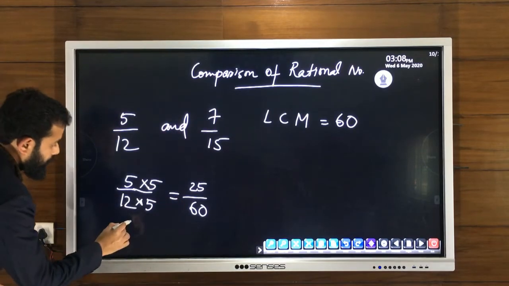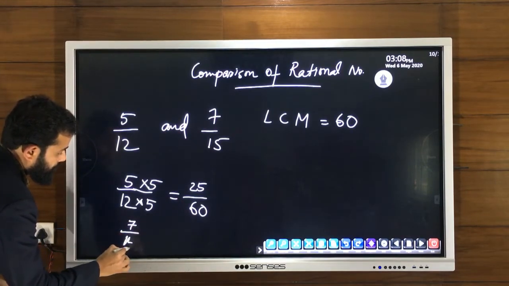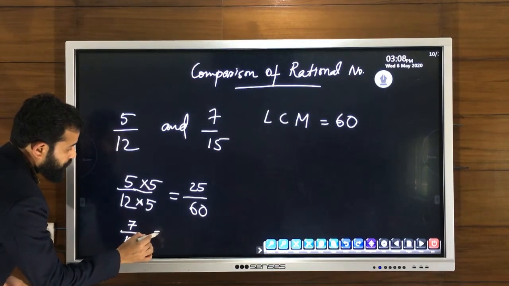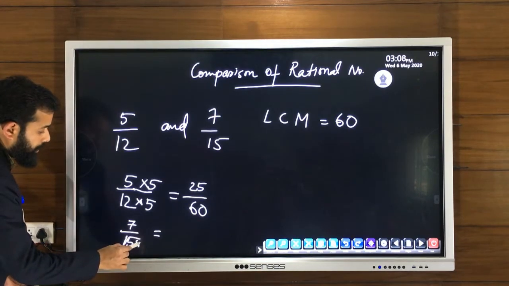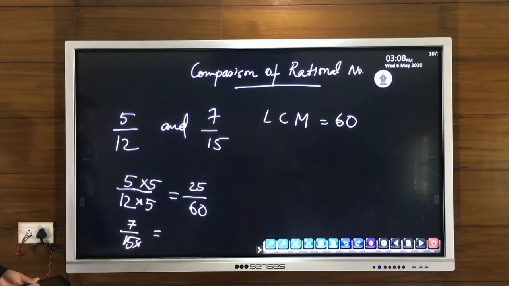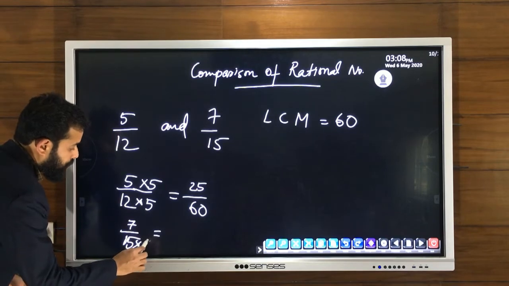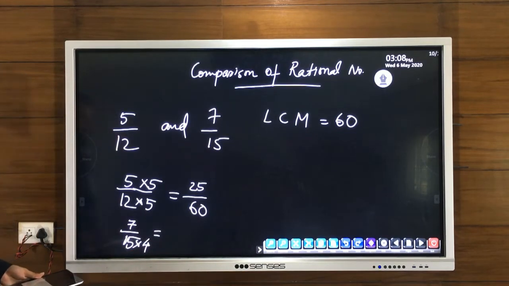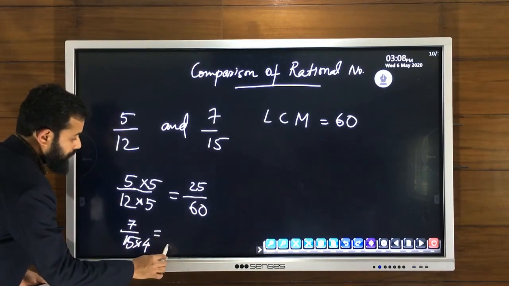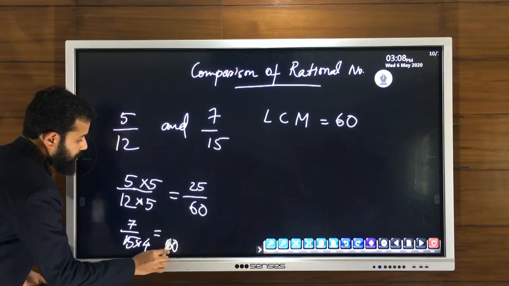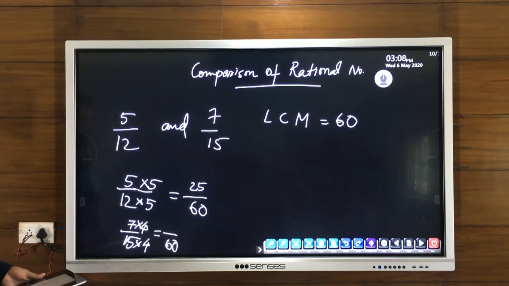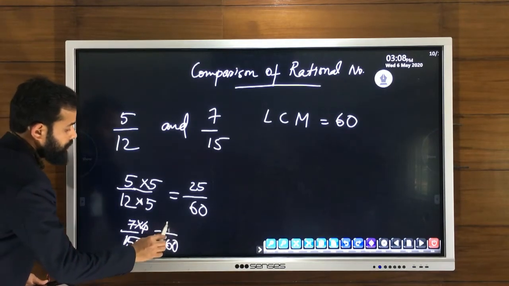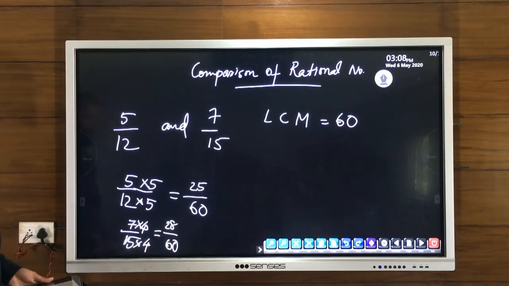The next number is 7 by 15. We need to make the denominator 60. So how do we get the denominator 60? 15 should be multiplied by something. 4 multiplied by 15 is equal to 60, and the same change happens in the numerator: 7 multiplied by 4 is 28.